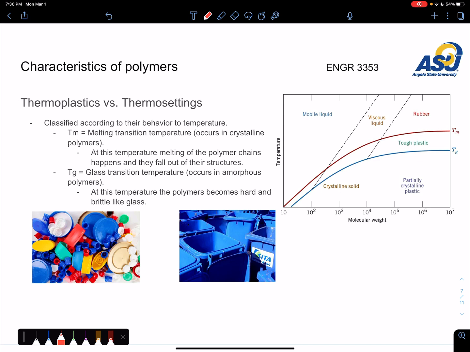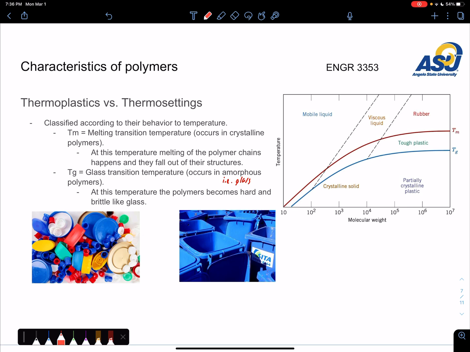And another property to keep in mind is your glass transition temperature, and this occurs in amorphous polymers. So polymers that don't have a crystalline structure. That's what amorphous means. Or amorphous also means like glass. So at this temperature, the polymers become hard and brittle like glass.